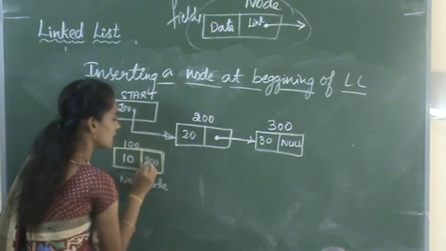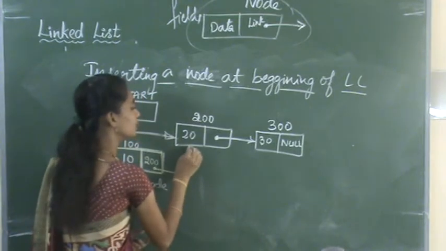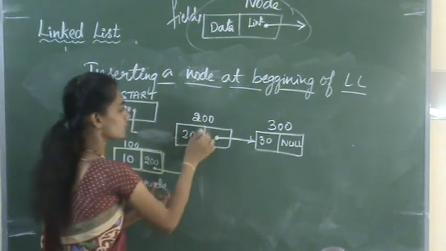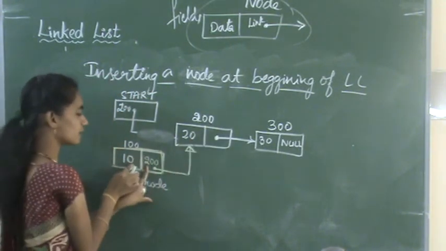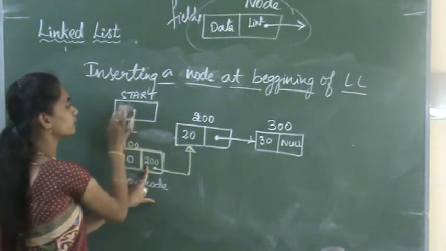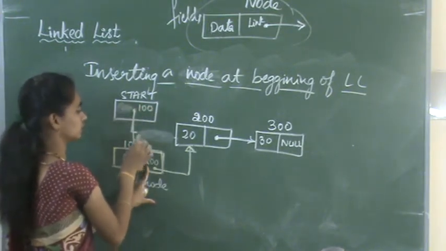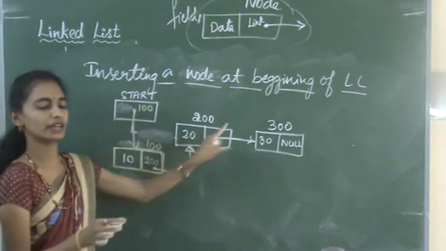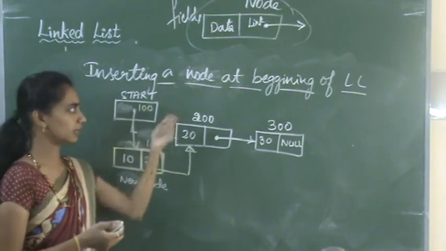That is stored here, so this will be linked to here. Now this old link will disappear when I connect this, and this address will be stored here. After this, the address of this newly inserted element will be stored here and this will be linked.